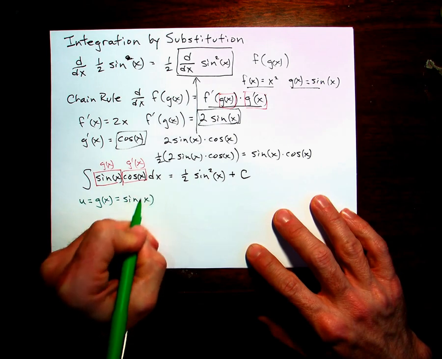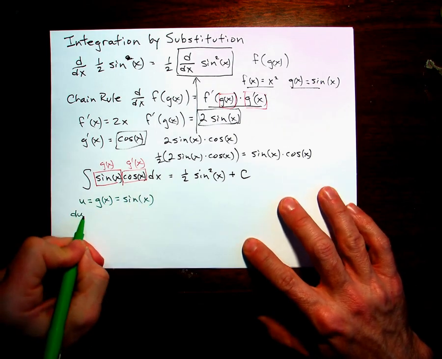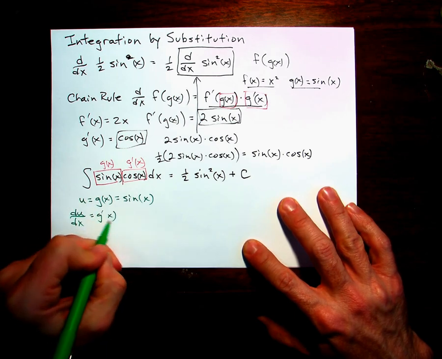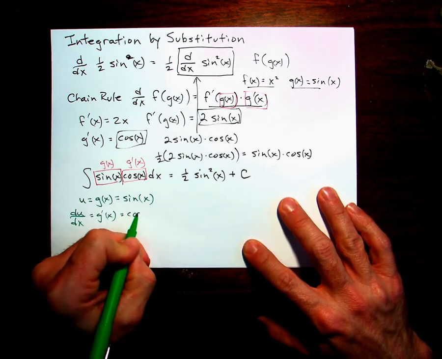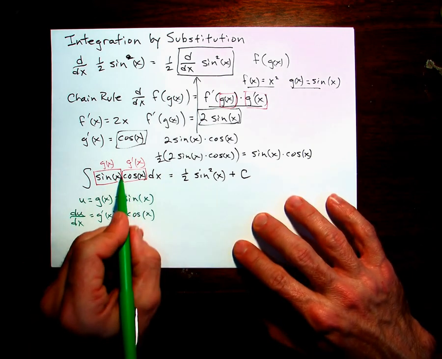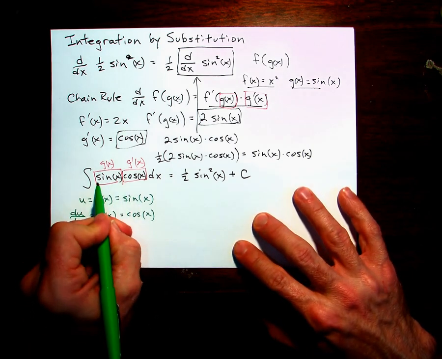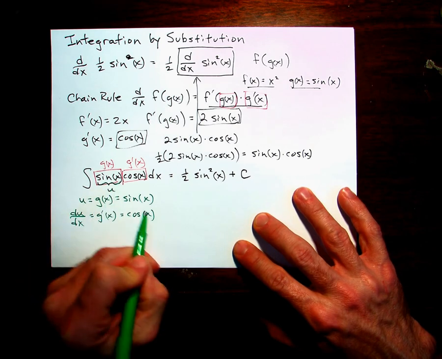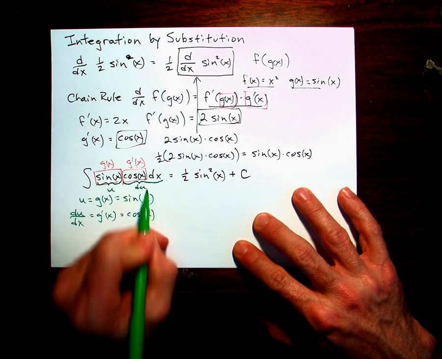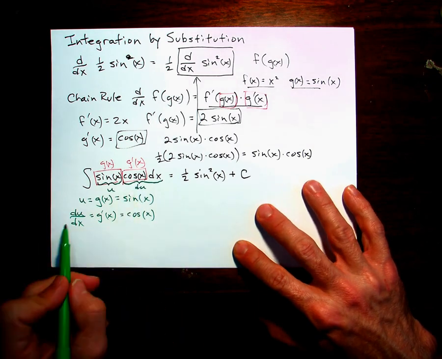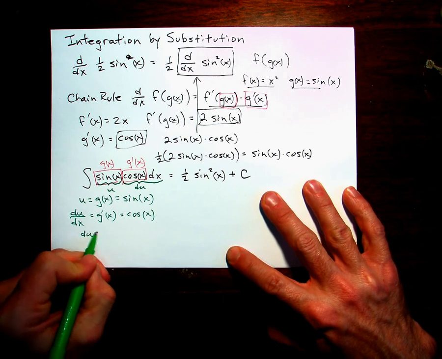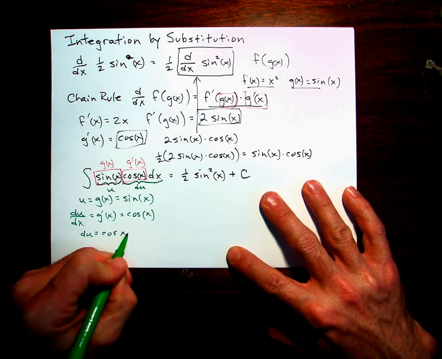And then the derivative of u with respect to x, also known as g prime, is going to be cosine of x. Now, I'm already going to replace this part right here with u, and I want to replace the rest of this whole thing with du, so this is all in terms of u. Notice if I just multiply through by dx, then du gives me cosine of x dx.